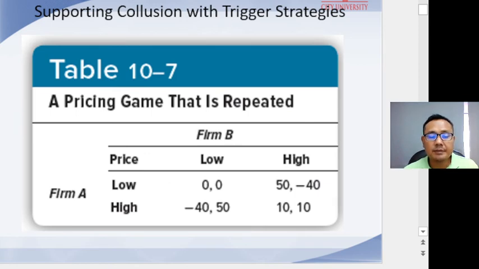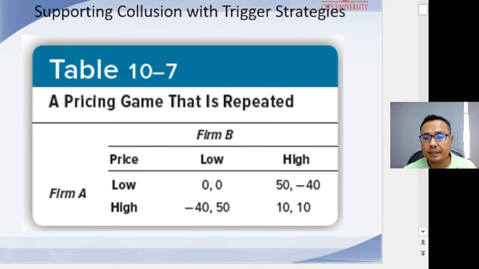When firms repeatedly face a payoff matrix such as that in Table 10.7, it is possible for them to collude without fear of being cheated on. They do this by using trigger strategies.